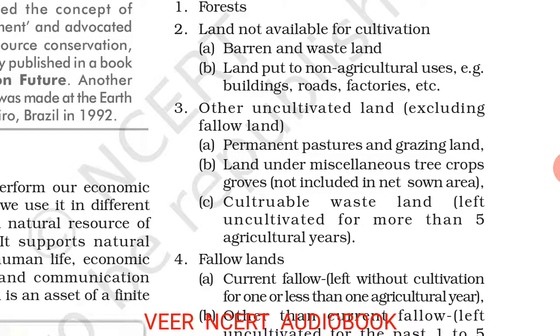In that, first, permanent pastures and grazing land. Second, land under miscellaneous tree crops groves not included in net sown area. Third, cultivable wasteland, that is left uncultivated for more than 5 agricultural years.